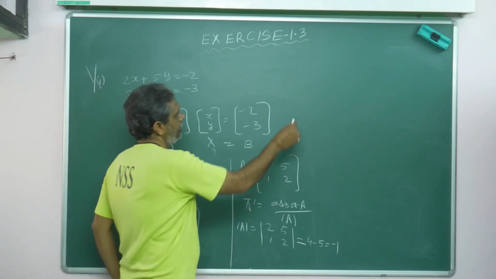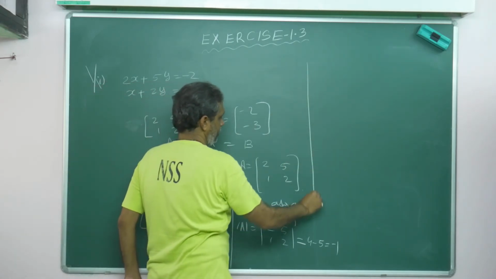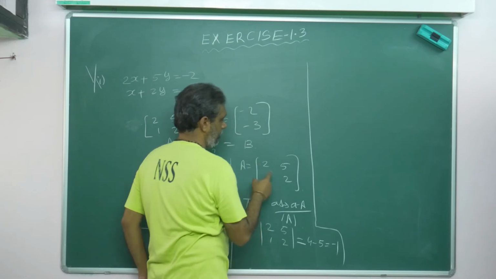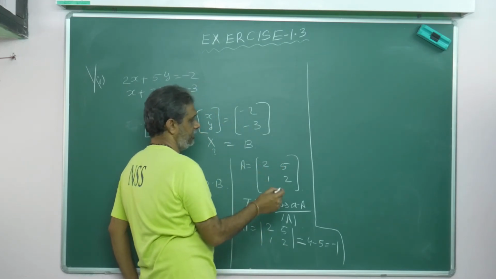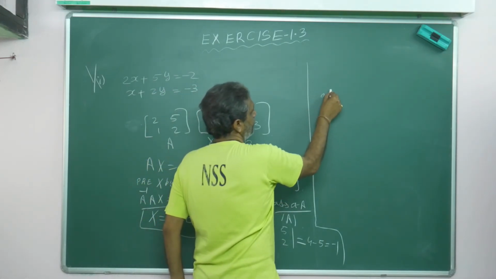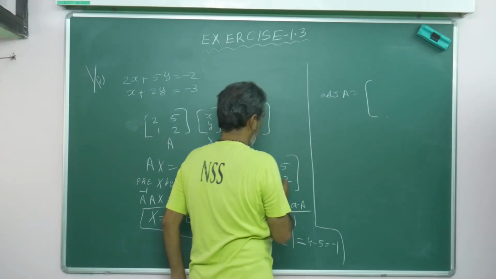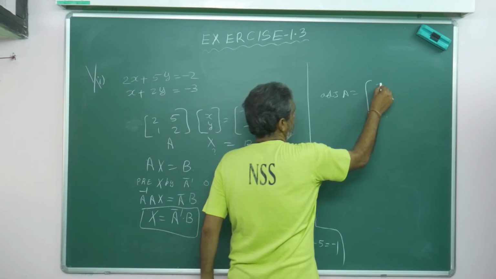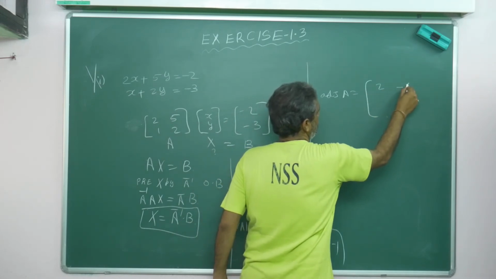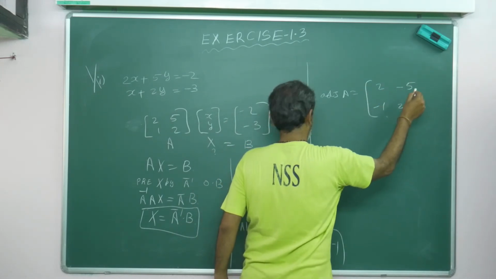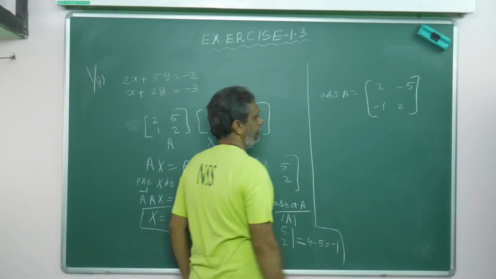I go for the adjoint of A. But for a 2 by 2 matrix, as I said, these two elements you interchange, these two elements you give minus. So adjoint of A is equal to, how can you write? These two elements 2 only, no changes, these elements you give minus. Adjoint of A, over.